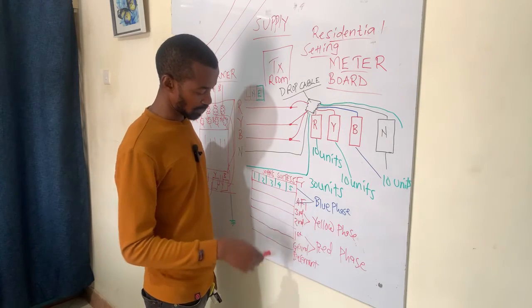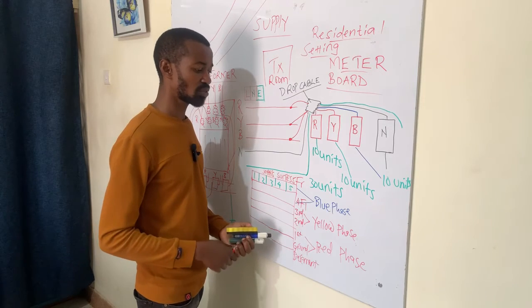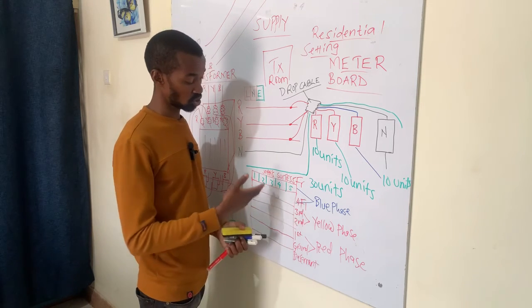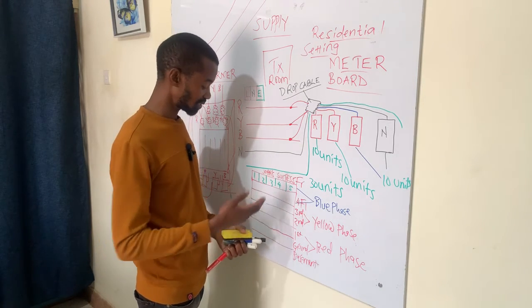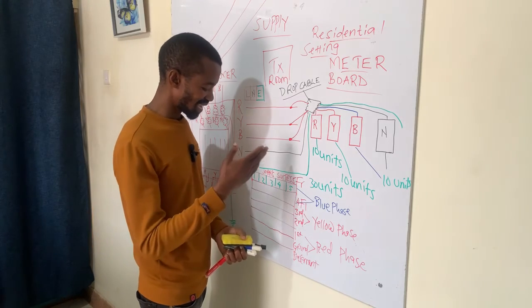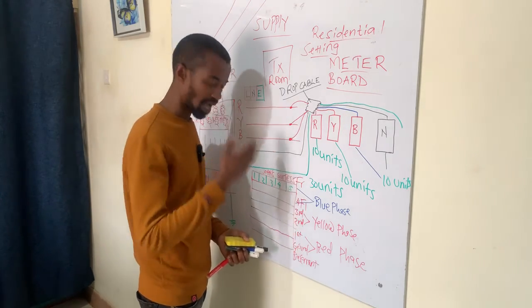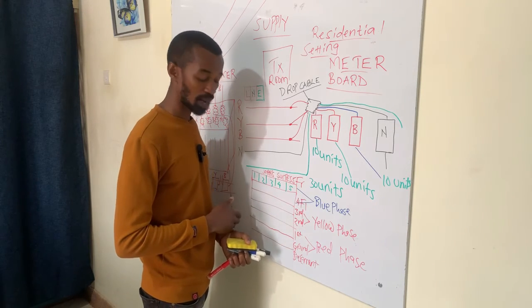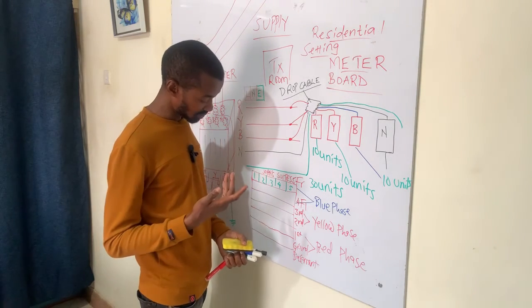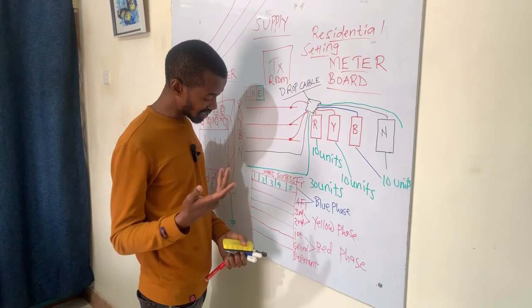So we have already balanced. When it comes to the common areas, Top Heights apartments has security lightings. It has a pump connection which pumps water. What else? No major thing.